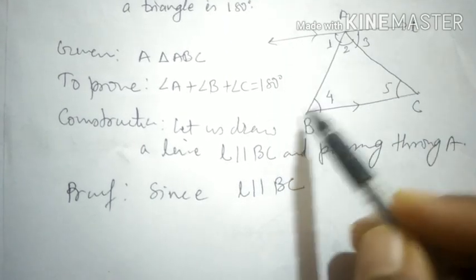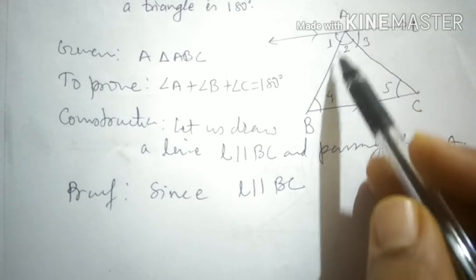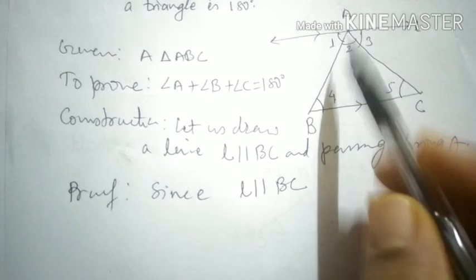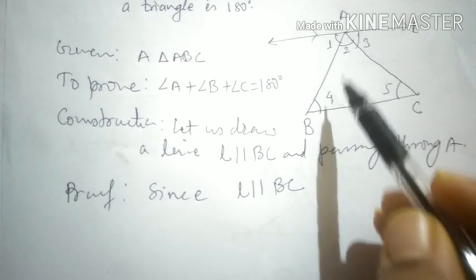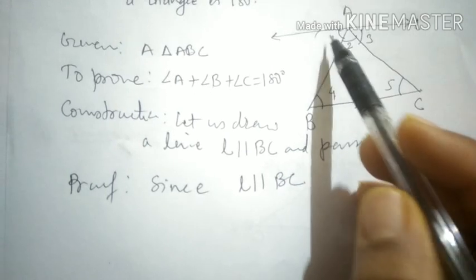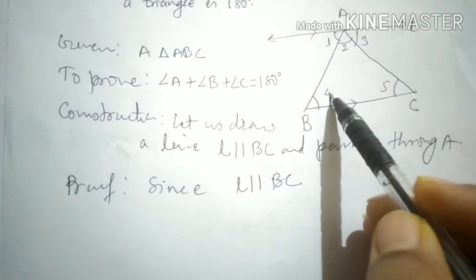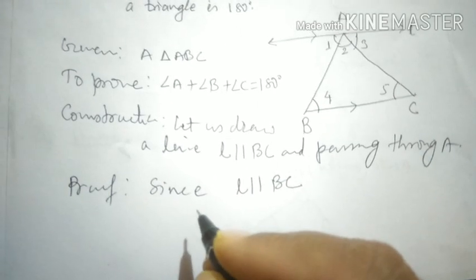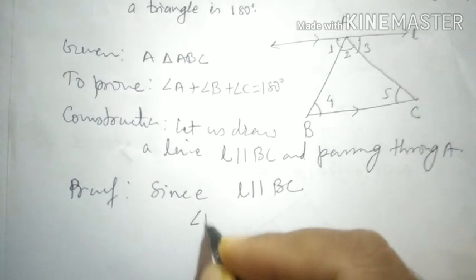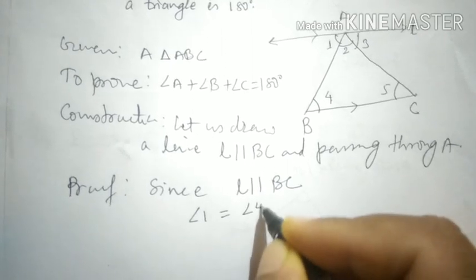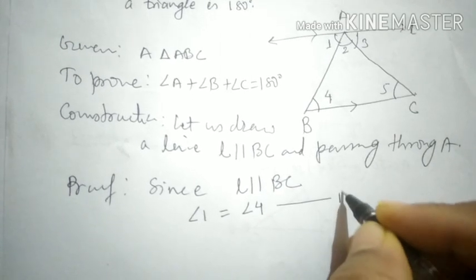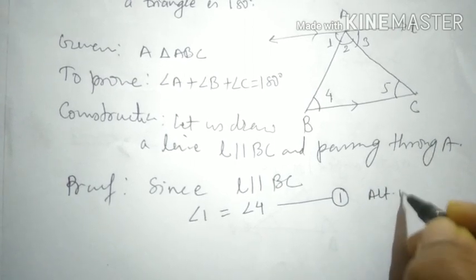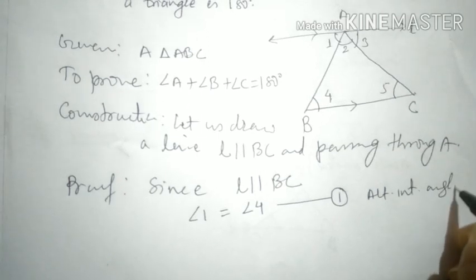Because when a pair of parallel lines is intersected by a transversal, then the pair of interior alternate angles are equal. So angle 1 and angle 4 are alternate interior angles, so 1 and 4 must be equal.